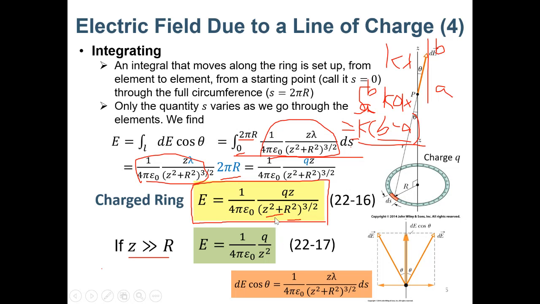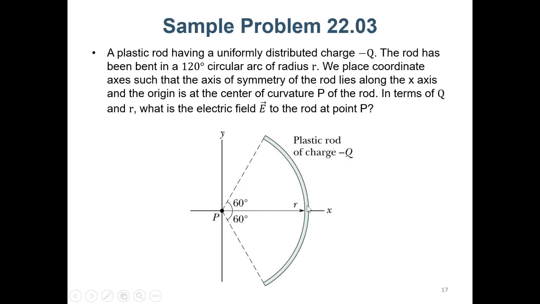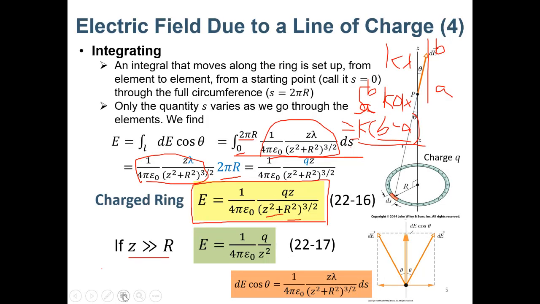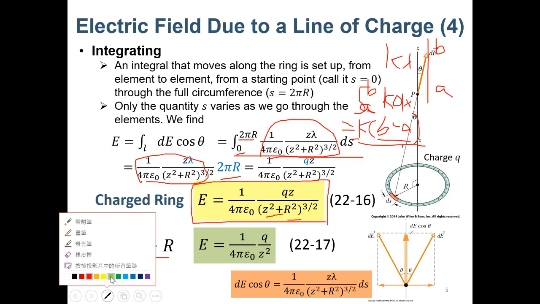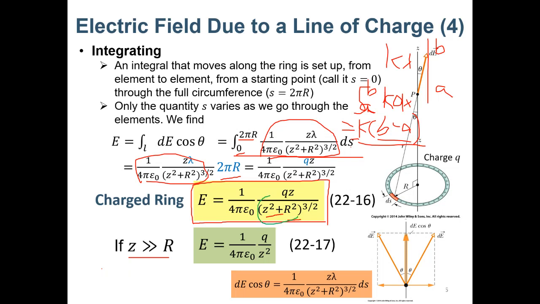Take the square root and cube, so we have z cubed here and cancel one of the z. So we have z squared here and Q.